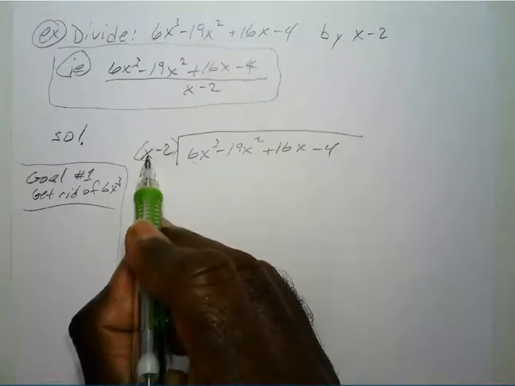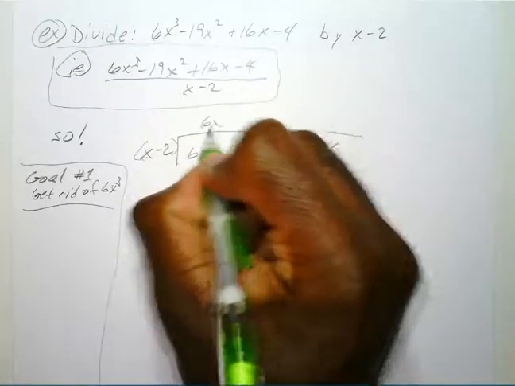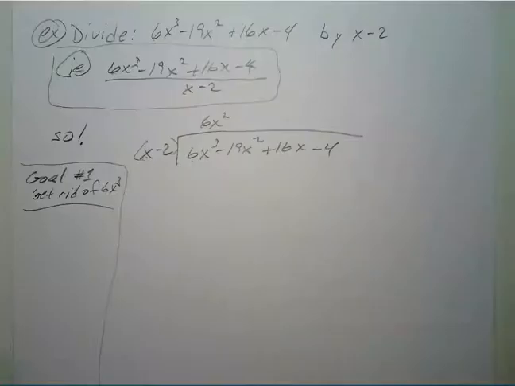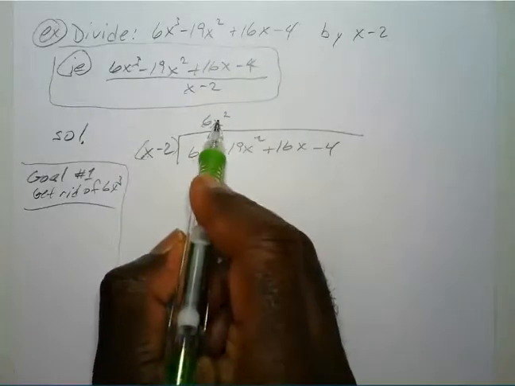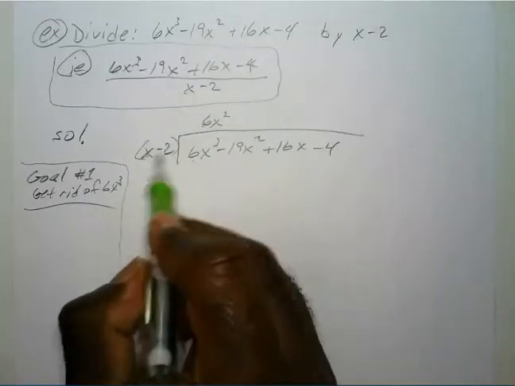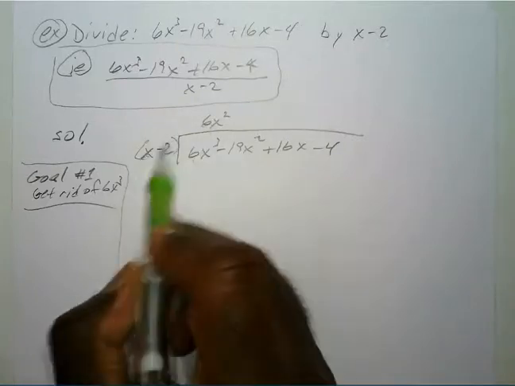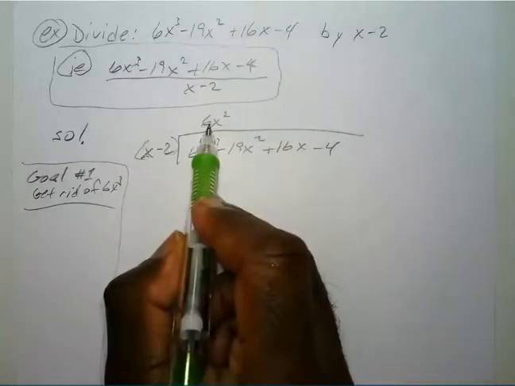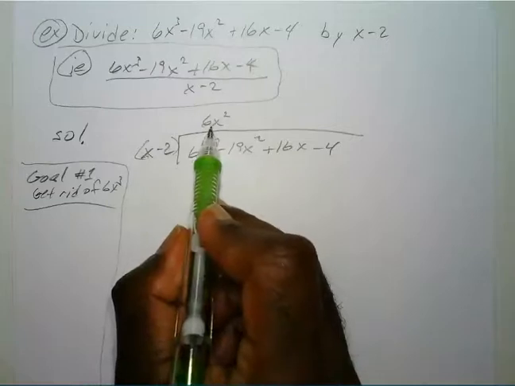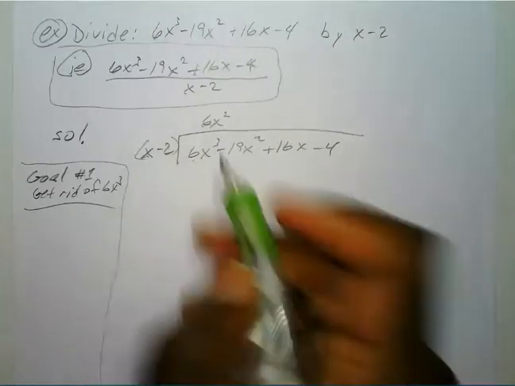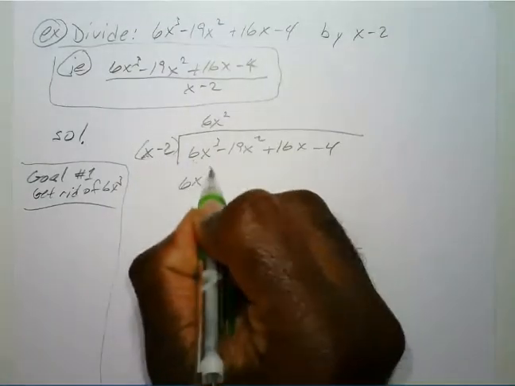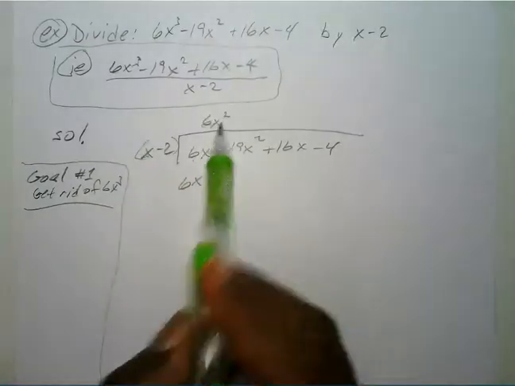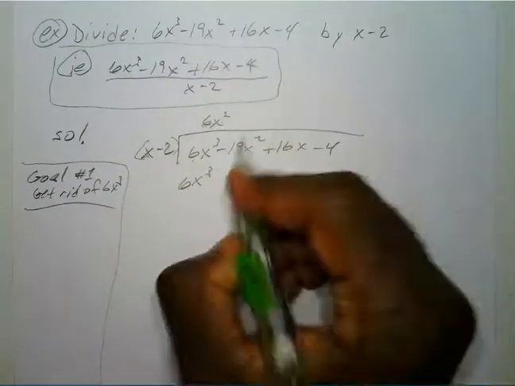Well, that would be 6x squared. Okay, so now we have 6x squared times this, just like we did before. We multiply, then we subtract. So we're going to multiply 6x squared by both of those terms. So 6x squared times 6x is 6x to the third. 6x squared times negative 2 is negative 12x squared.